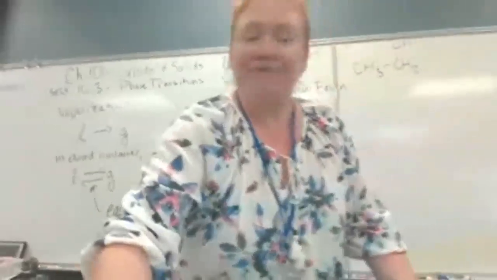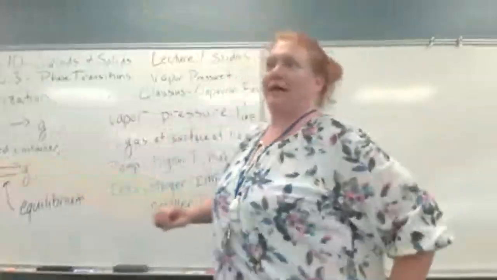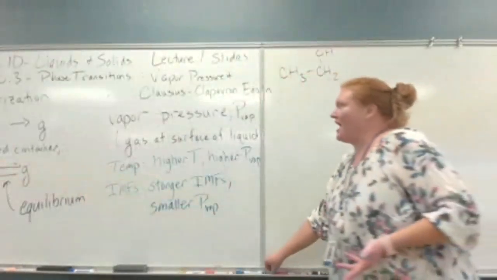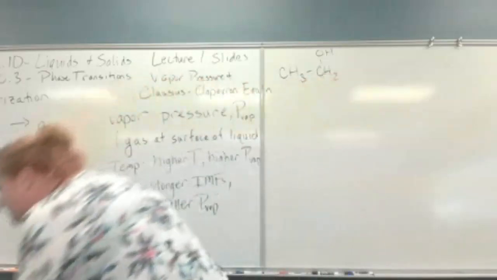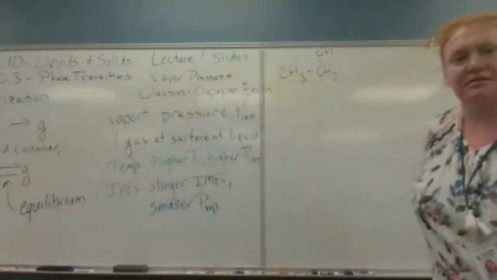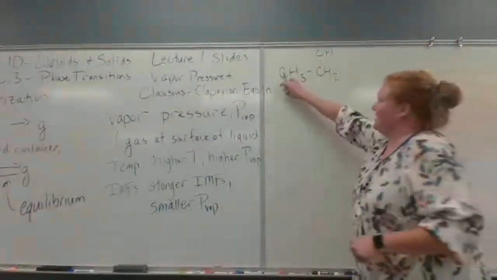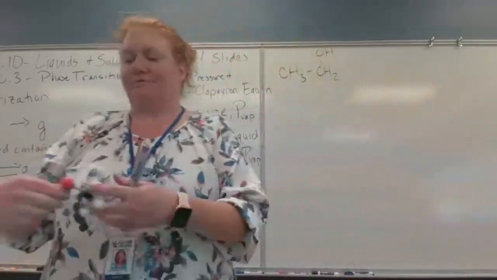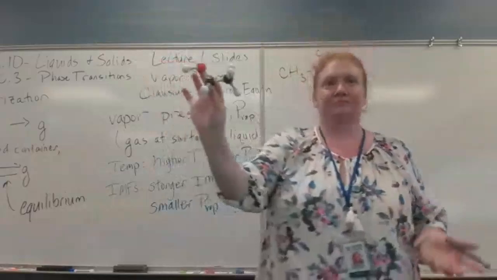It has to be a polar molecule. So one of the hacks that I want you to look at is if I give you a formula like this, regardless of you understanding what it actually looks like in 3 dimensions, which looks like this.